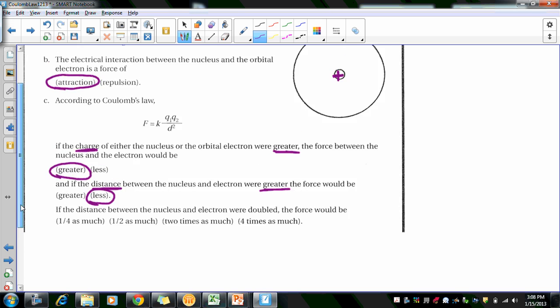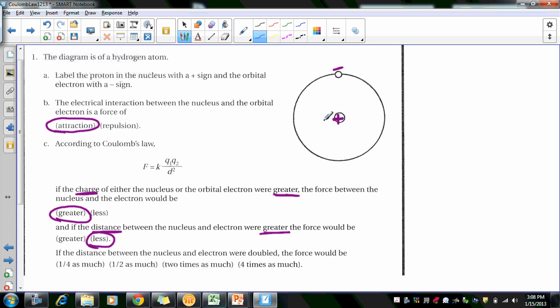If the distance between the nucleus and electron were doubled, how would the force be different? Well, here we go. It says doubled. And so these problems are our favorite types of problems, factor problems. So as a review, how we do factor problems.